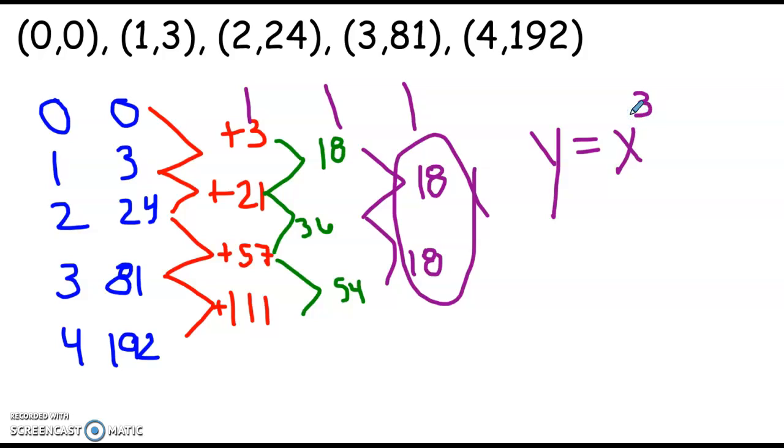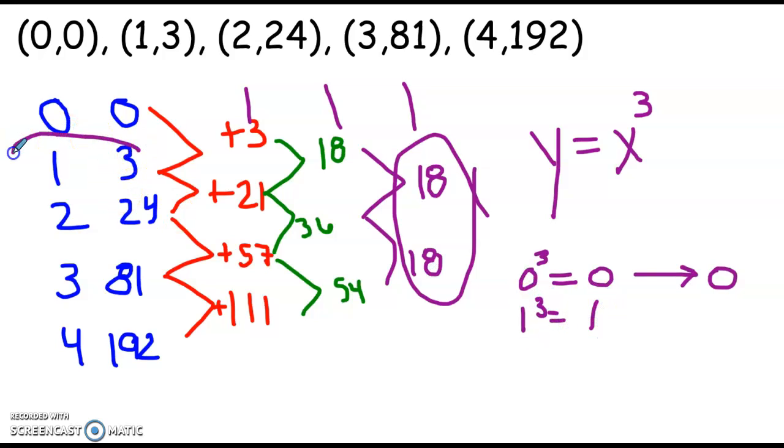But not quite, because if I do 0 cubed, that is 0. However, I don't want 0. I want, oh wait, actually I do want 0. That one does work. When I plug in 1, 1 cubed is 1, right? But I don't want 1. I want 3. If I plug in 2, 2 cubed is 8, but I don't want 8, right?